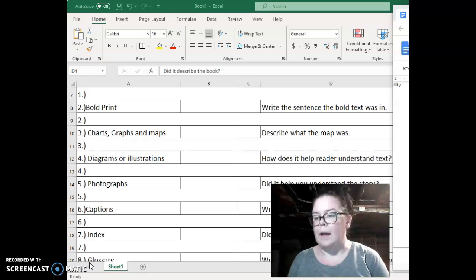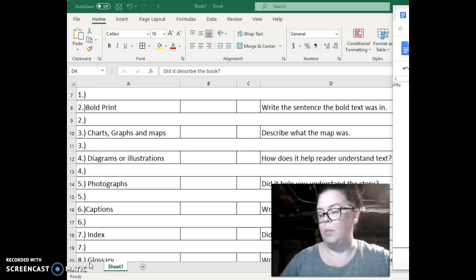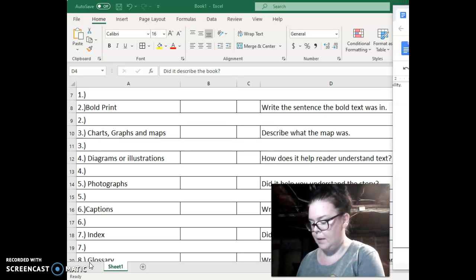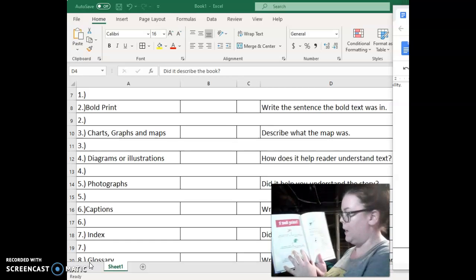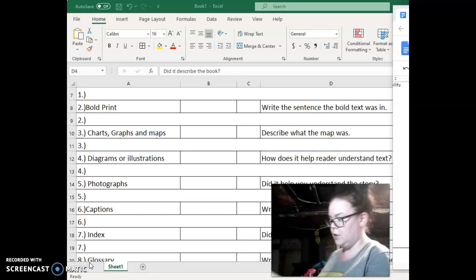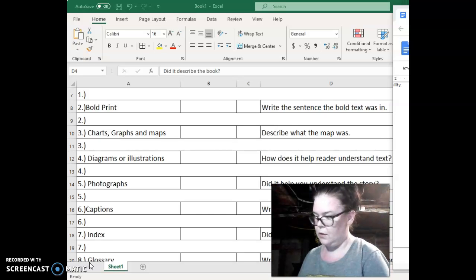Did anyone else find anything that they enjoyed seeing in the book that helped them understand anything a little bit better? Yeah, and they do have some separated pages of different thinking questions, which are really nice to go through.